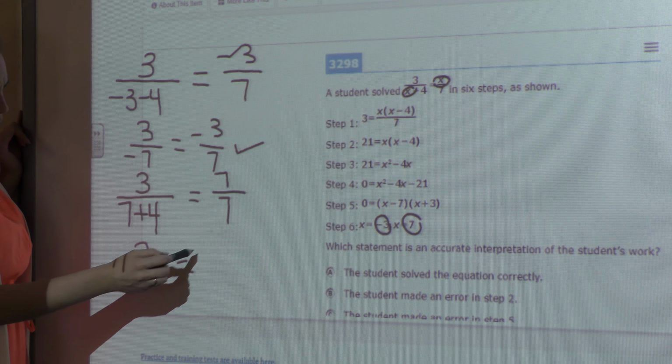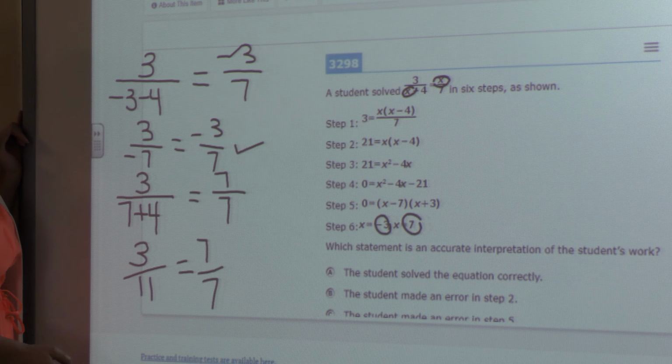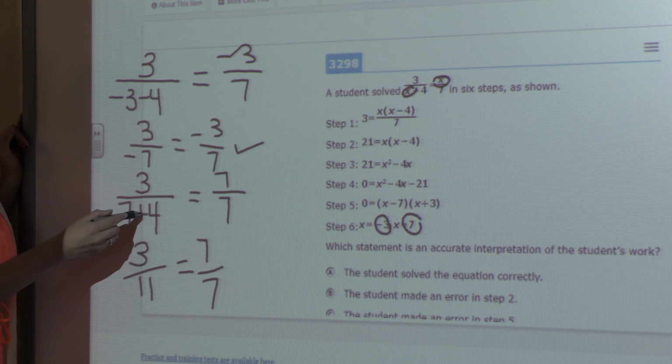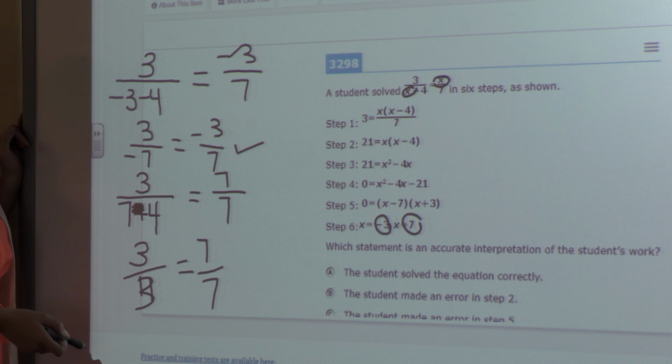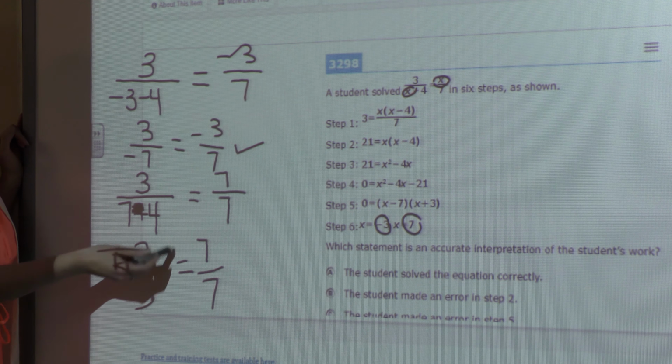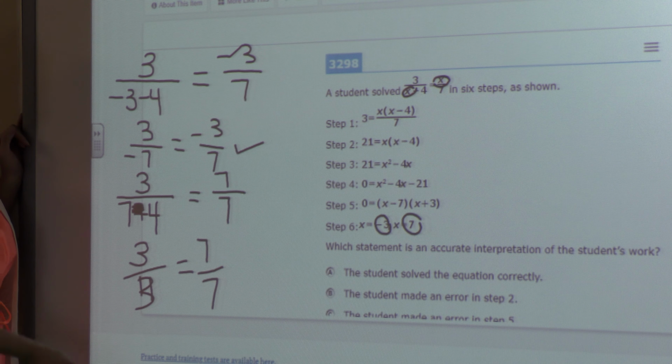Is that equivalent to 7 over 7? Is it 7 minus 4? Yep. This should be a 7 minus 4, which is 3 over 3. Is 3 over 3 equivalent to 7 over 7? Yeah. So that works.